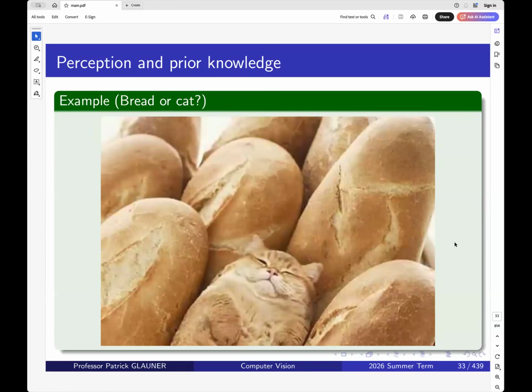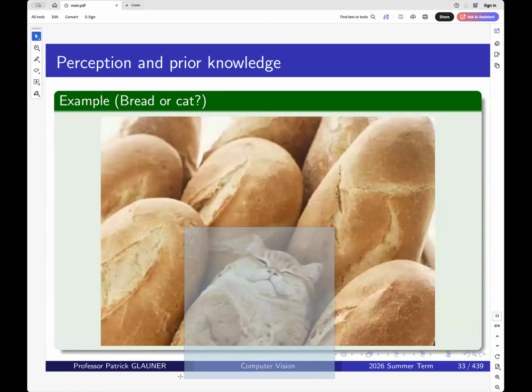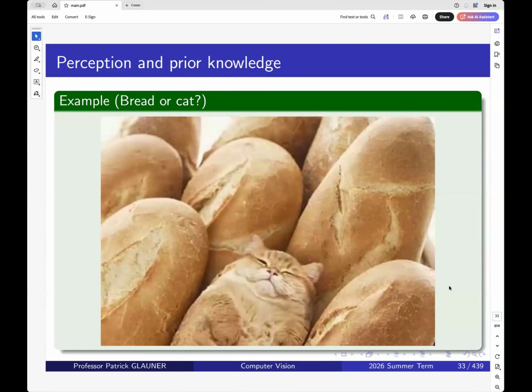Or this one here. So we have plenty of bread over here, and we see this cat here. It actually looks like my cat, similar color almost, but I found the image on the internet. It's not my cat, but it looks quite similar.